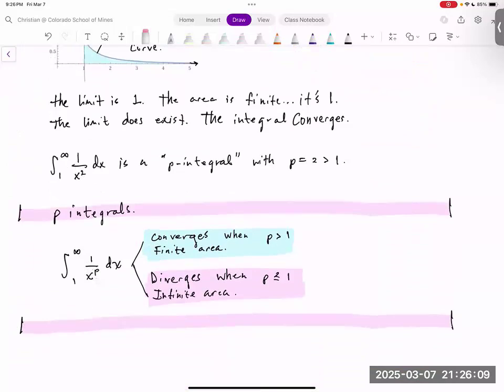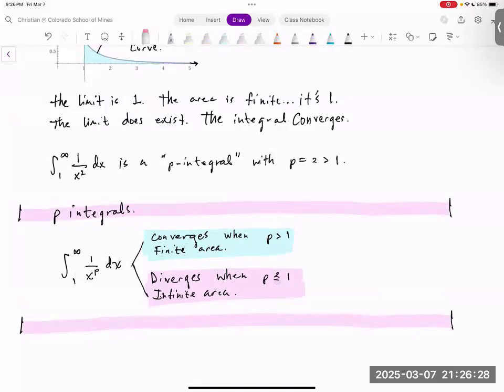You have two options. These integrals will either converge or they will diverge. It's one or the other, and an integral can't do both. It can't converge and diverge. The integral will converge when that p-value is bigger than 1. It'll diverge when the p-value is 1 or less.